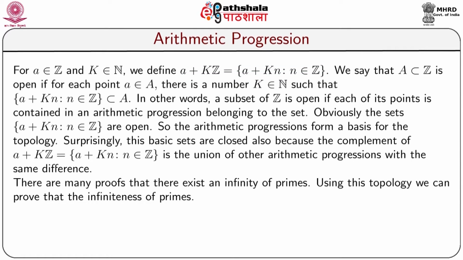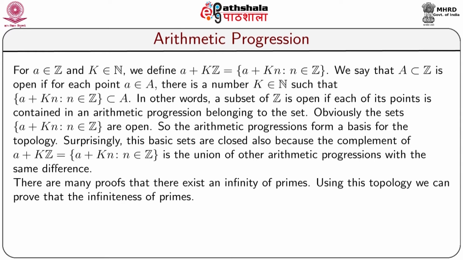We say that a subset A of ℤ is open if for each point a belonging to A, there is a number k belonging to ℕ such that a + kn, n belonging to ℤ, is contained in A. In other words, a subset of ℤ is open if each of its points is contained in some infinite arithmetic progression.